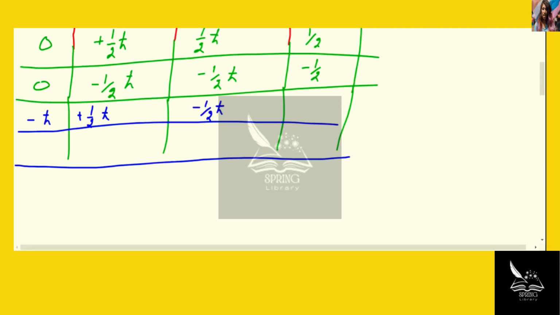This gives us quantum number related to total angular momentum equal to minus half.